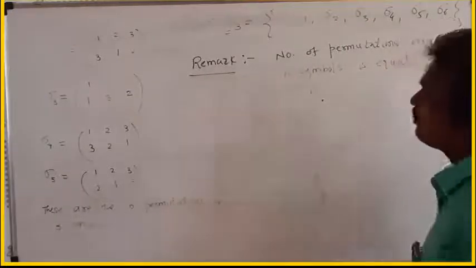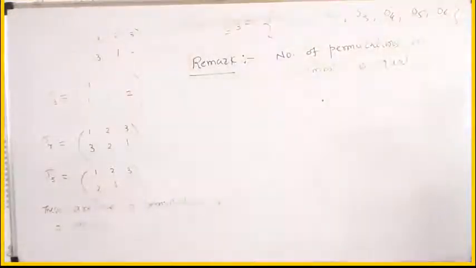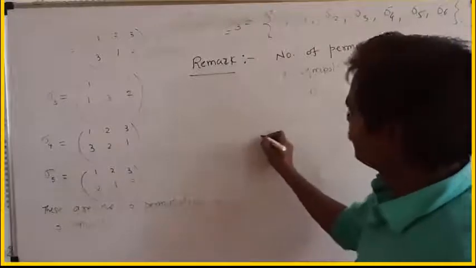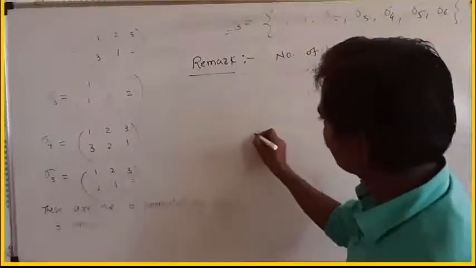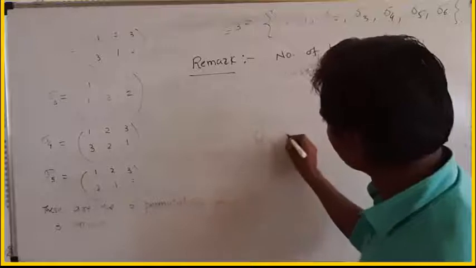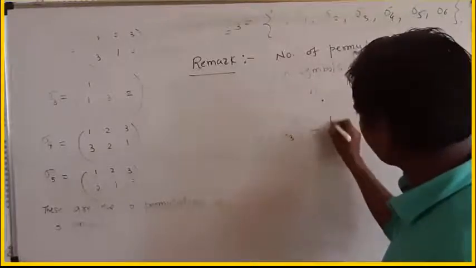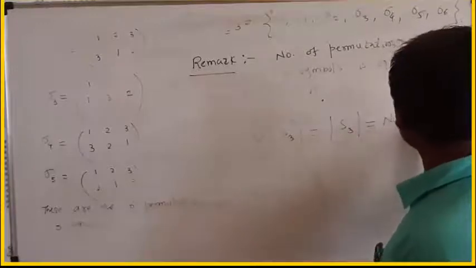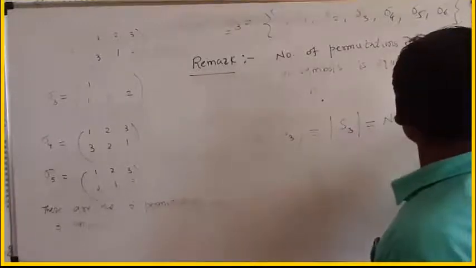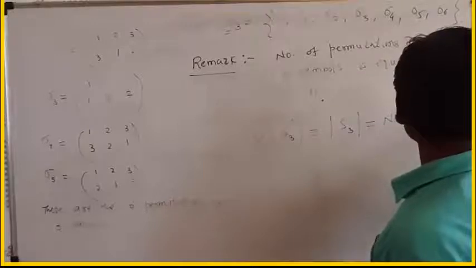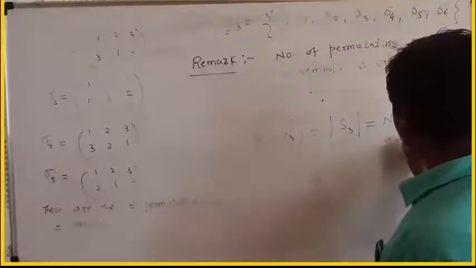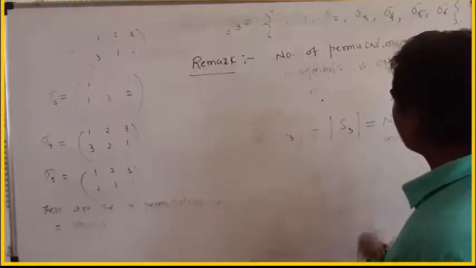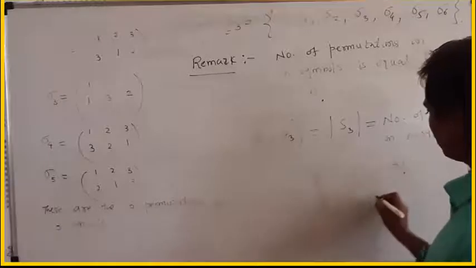So the order, or cardinality, of S3 is 3 factorial, which is 6.